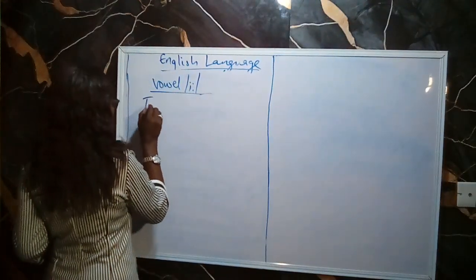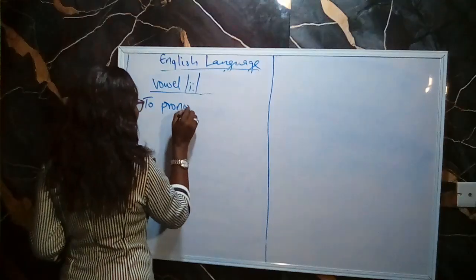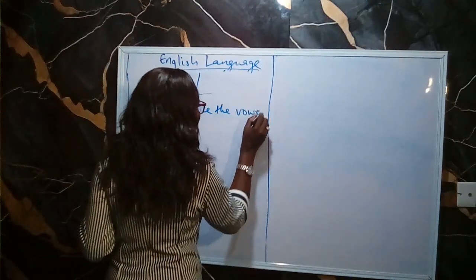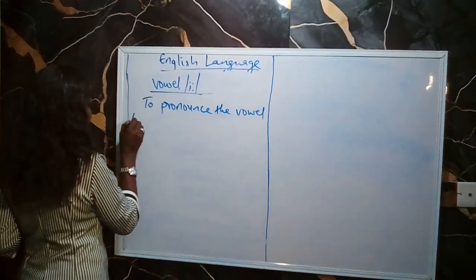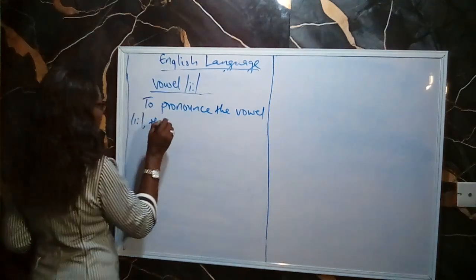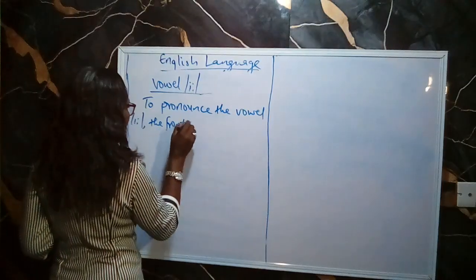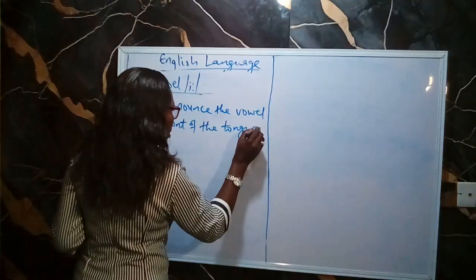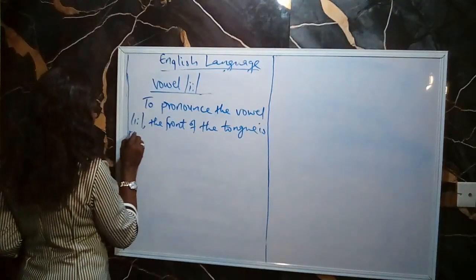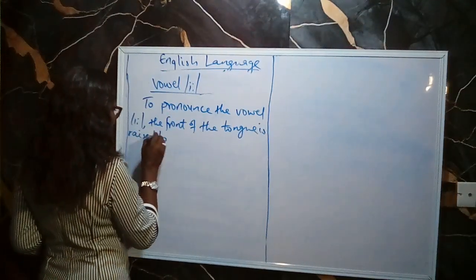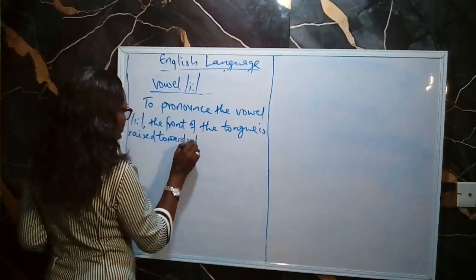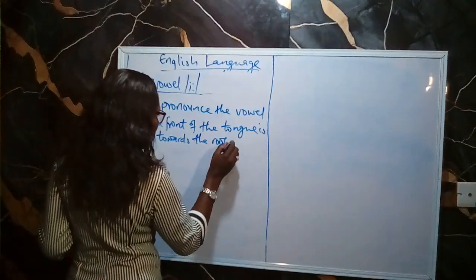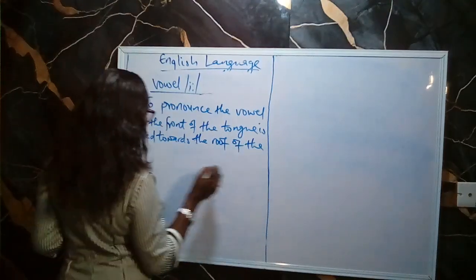Okay. To pronounce the vowel E, the front of the tongue is raised towards the roof of the mouth.